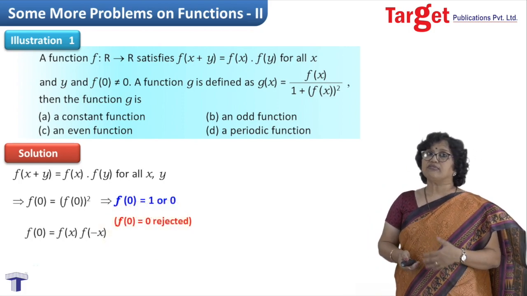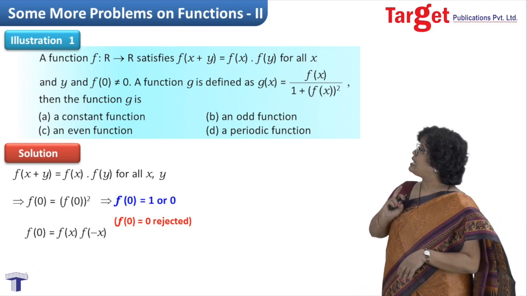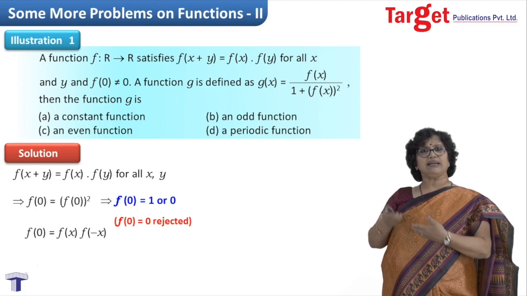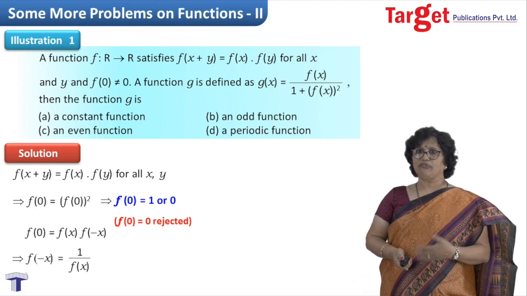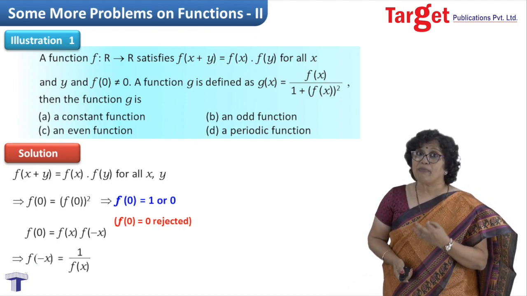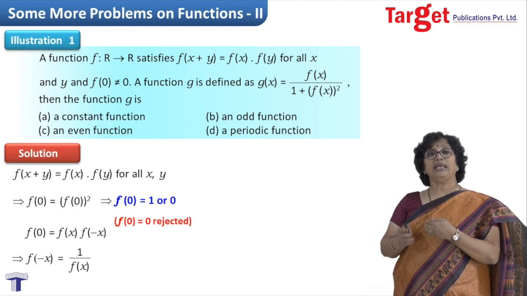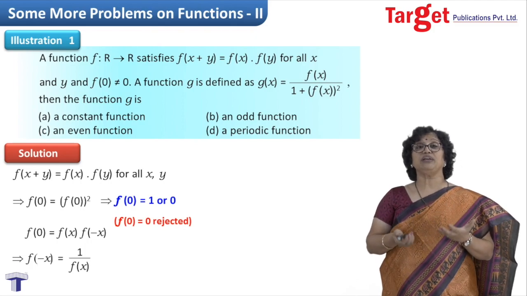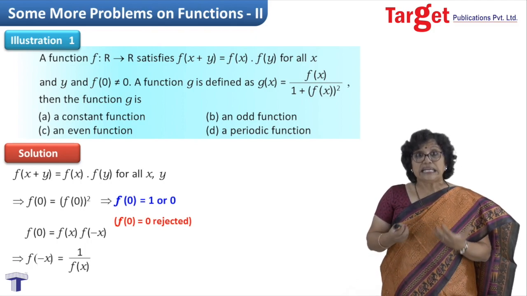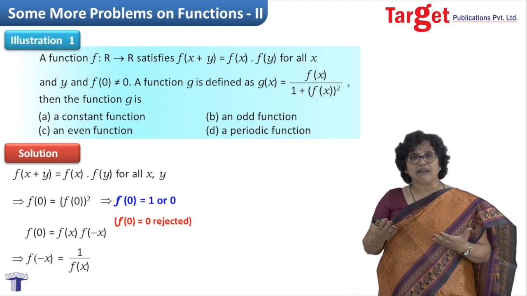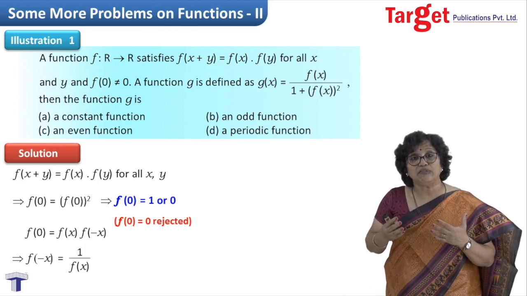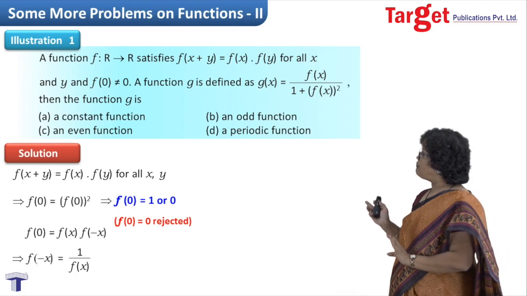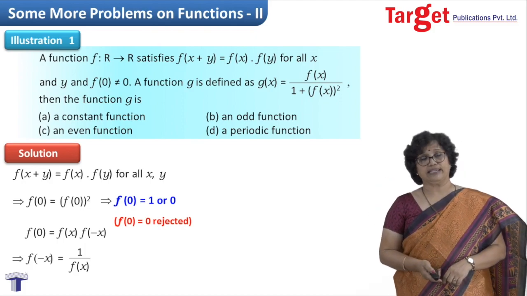Now, if I replace y = -x, I will get f(0) = f(x)·f(-x). Now, apply that f(0), which is already 1, you have found out. Then that gives me f(-x) = 1/f(x). See, nowhere have we found what the function f actually is, I mean, what its explicit definition is. But we are gathering information about the function, that f(-x) I have now found as 1/f(x).